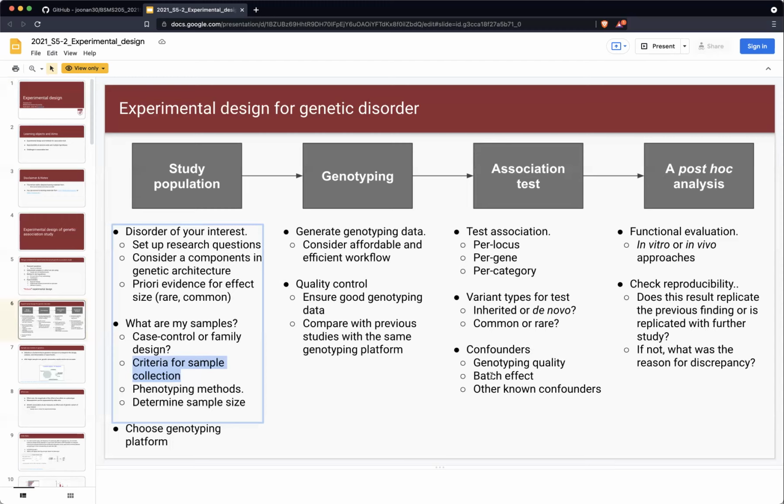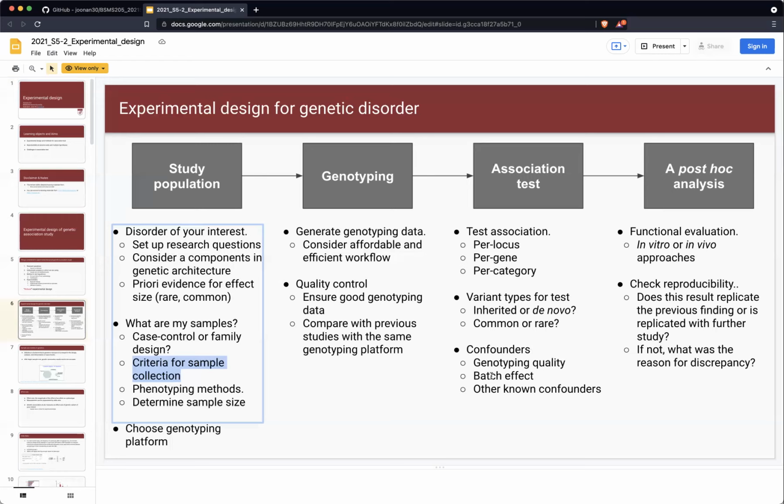But if there are differences coming from other factors like ancestry, then you cannot compare the true differences originating from the biological origin, like disease status or trait differences, right? So in that case, you have to control those confounders for your association testing.